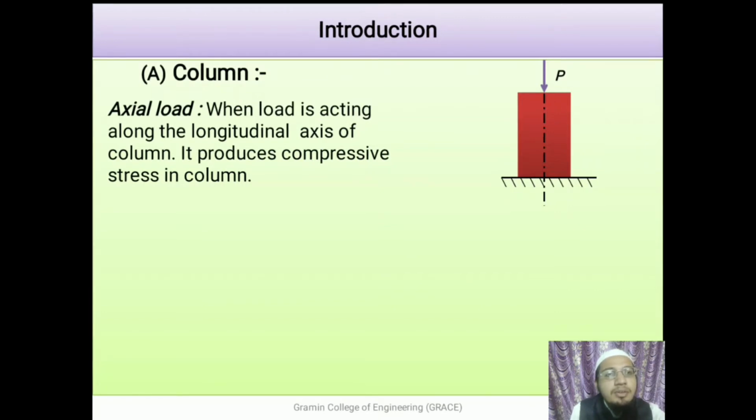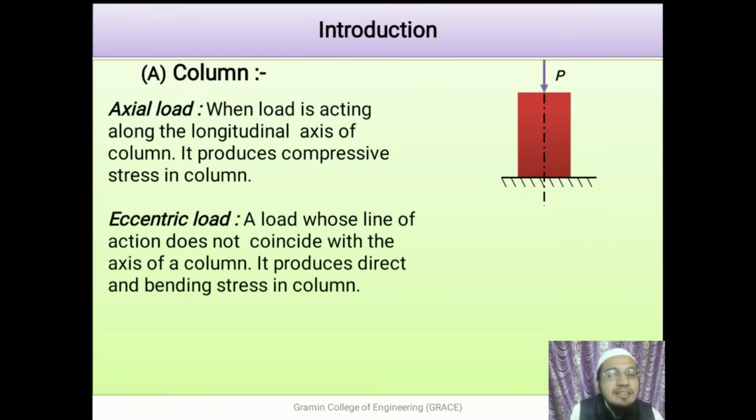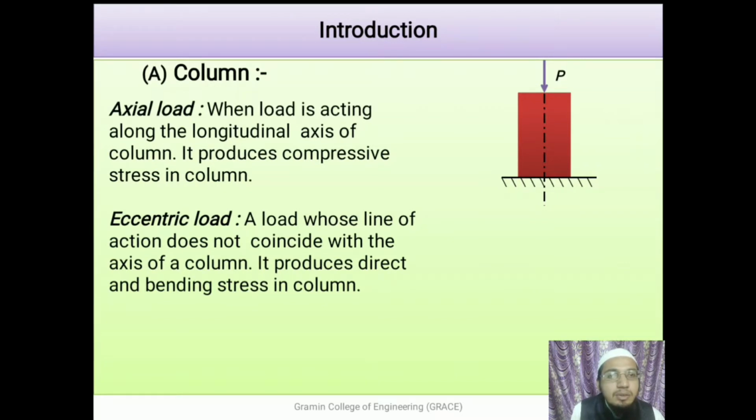Now, if this load is acting at a distance apart from the longitudinal axis of the column, that is, at an eccentricity from the axis, then such loads are termed eccentric loads, and such a load produces both direct and bending stresses in the column.